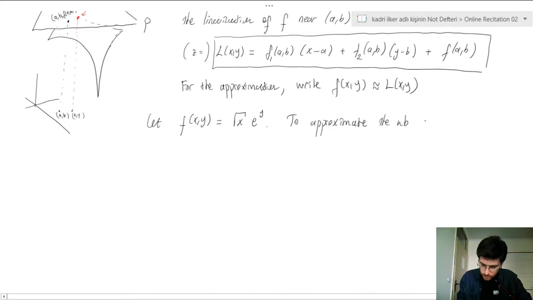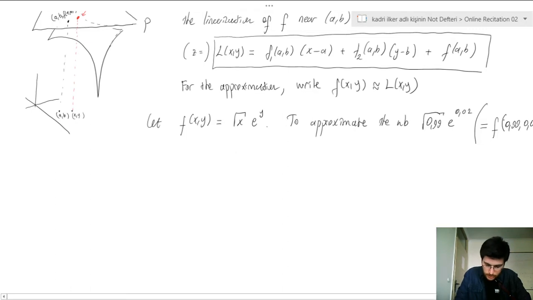What was the number? The number was something like this, right? Exponential 0, this. And if you look carefully, this is exactly the value of f evaluated at the point 0.99 and 0.02.